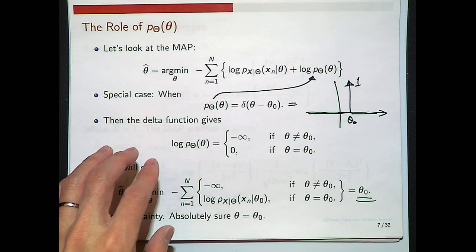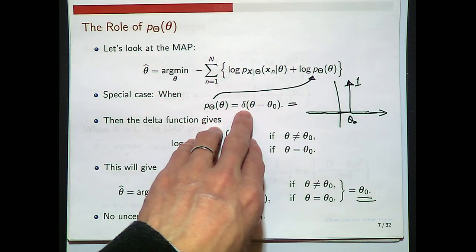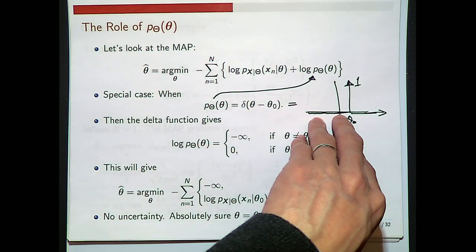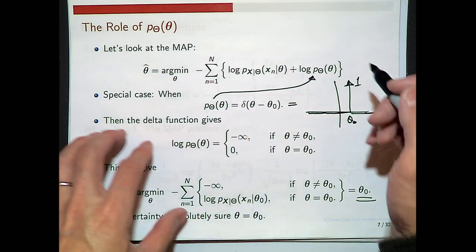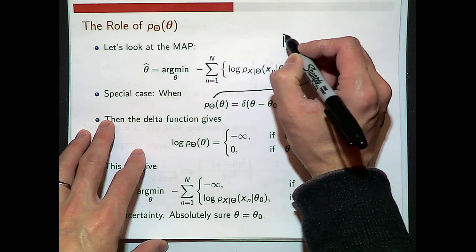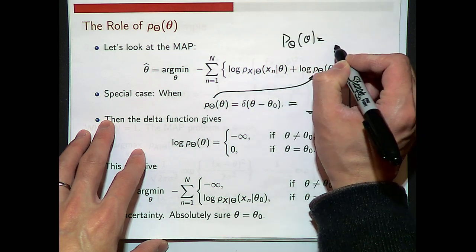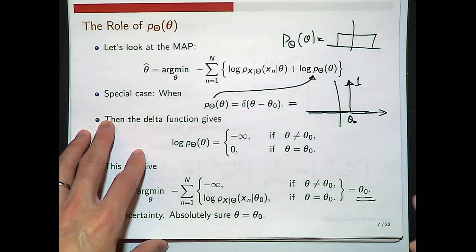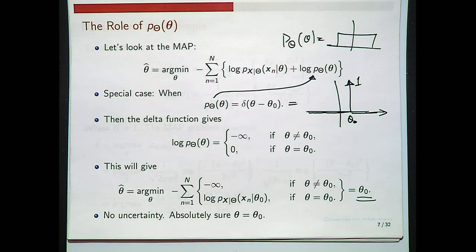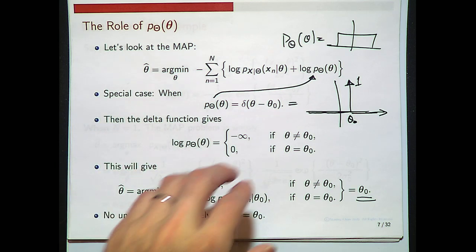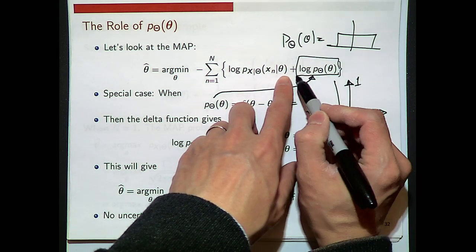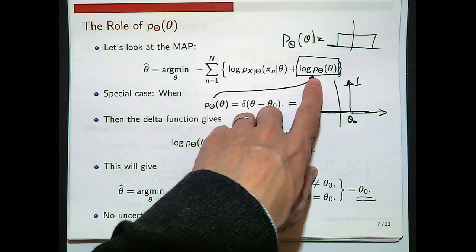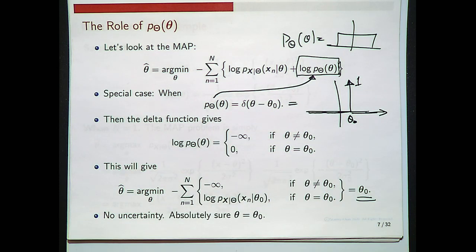Now, the opposite would be that I have no preference for my solution. In that case, you can say that my p of theta is just uniform across whatever range of theta that I am interested in. If you put that in, then that term will become a constant.